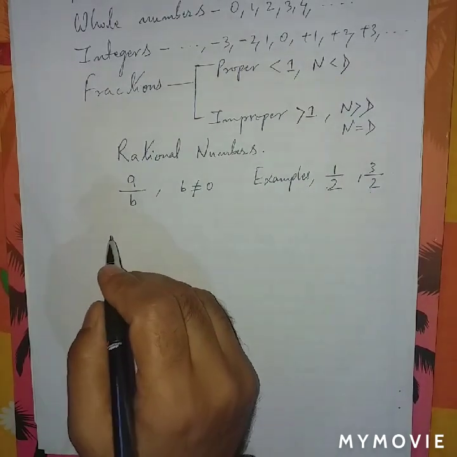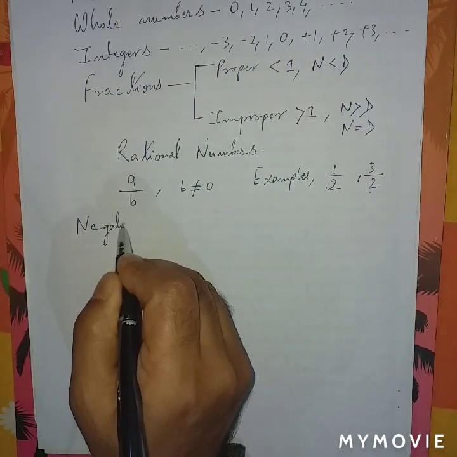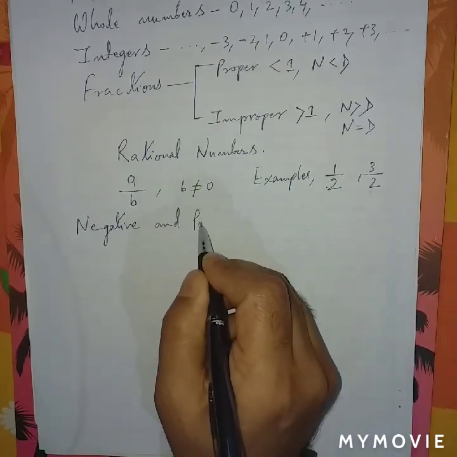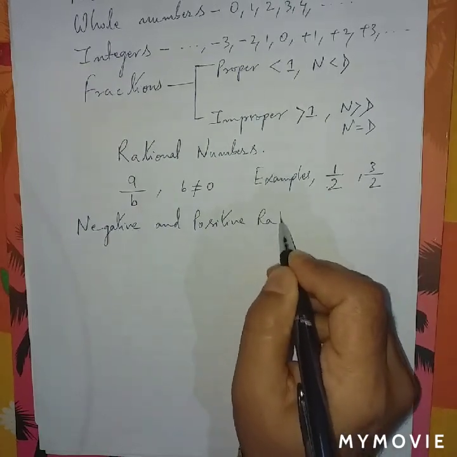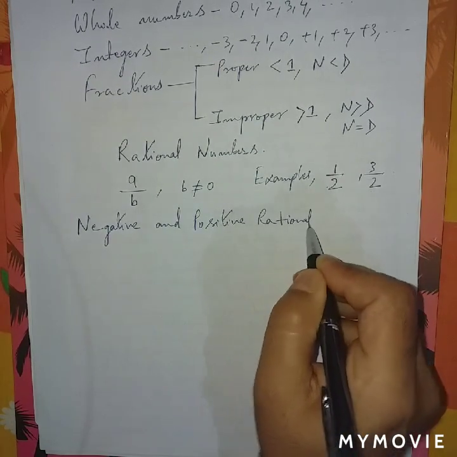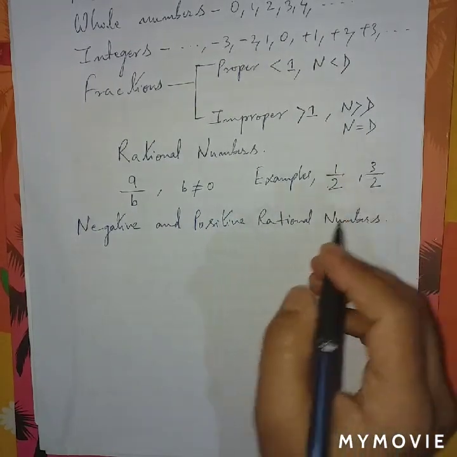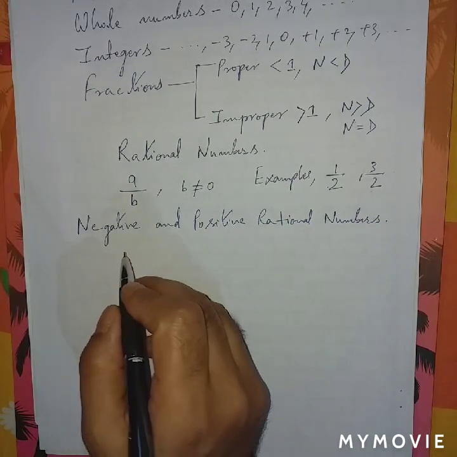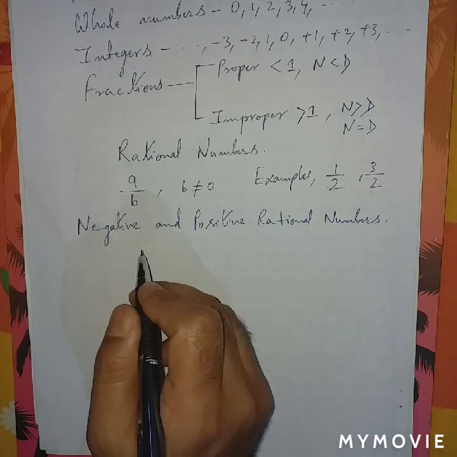Negative and positive rational numbers. Like in integers, the numbers which are greater than 0 are positive numbers and less than 0 are negative numbers.